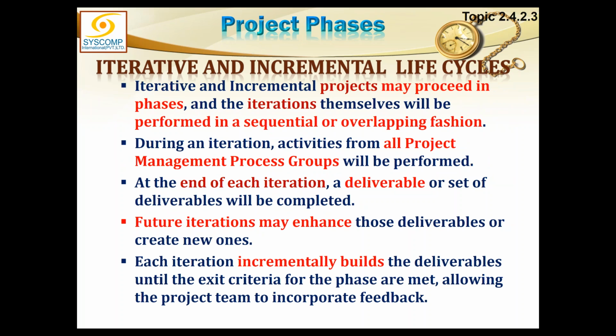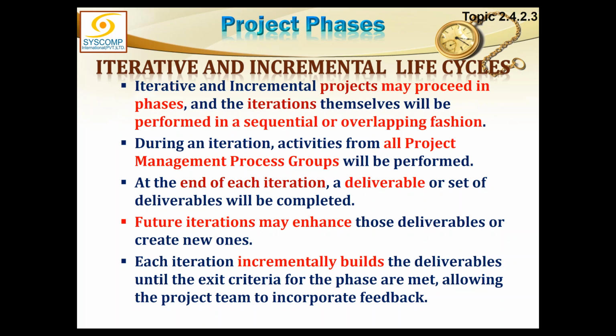Iterative and incremental projects may proceed in phases. Naturally, these are phases which we are calling the iterations. Iterations will be performed in a sequential or overlapping fashion. So again, even if you are going through an iterative or incremental life cycle, you could be sequential, you could be overlapping. During an iteration, activities from all project management process groups will be performed. We already know that.